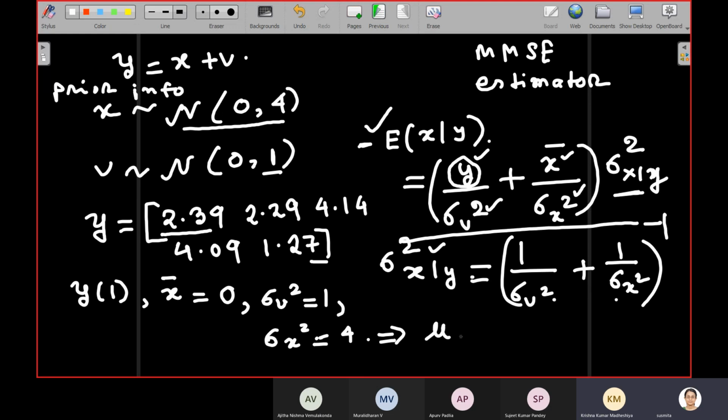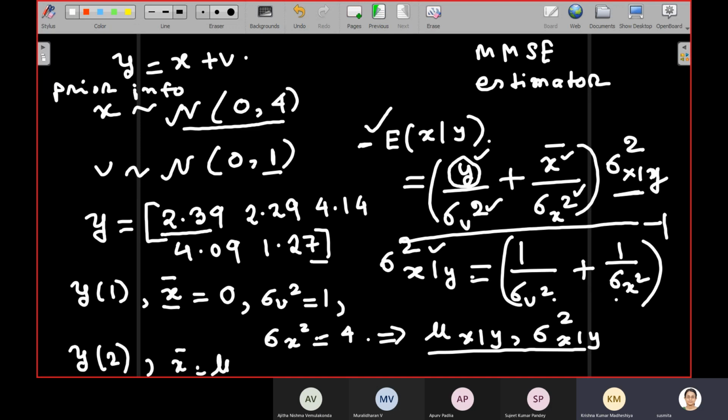So from all this we get the first estimate, which is mu of x given y, and we also get the conditional variance. For the second y, instead of taking x bar equal to 0, since we have a better estimate of x, we will use that one. So x bar will be equal to mu of x given y, and sigma x square will no longer be 4. We have a better knowledge of the variance.